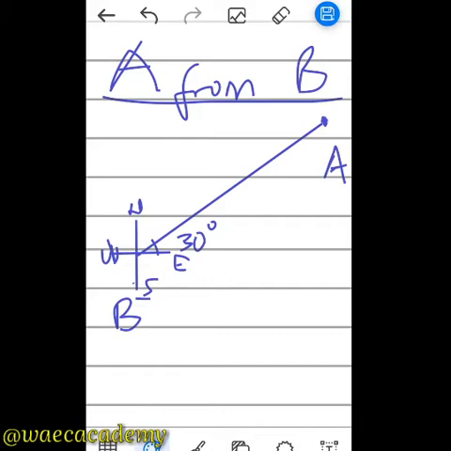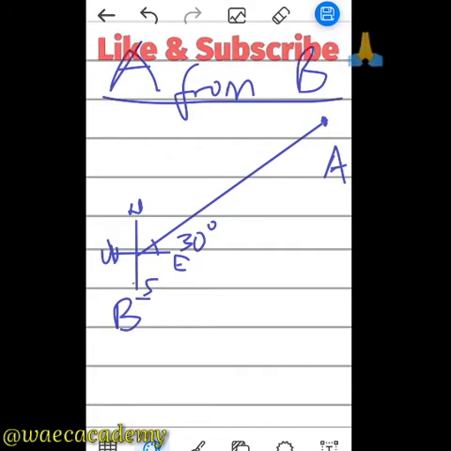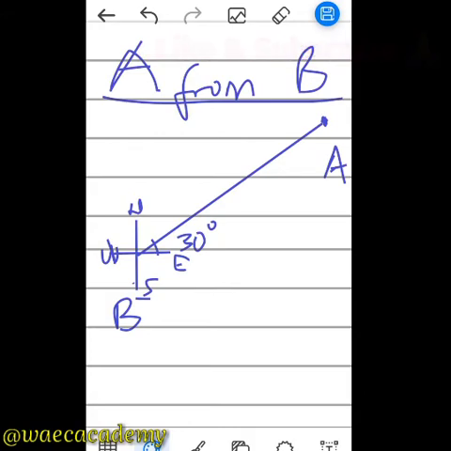This is a trick question. If you don't pay attention to this, you are going to get the answer wrong. You will just go ahead and say north 30 degrees east. That is not correct because the angle that you are supposed to use has to be between north and A. Why? Because A is close to north. If A was close to south, it would be different. It's going to be the angle between south and A.